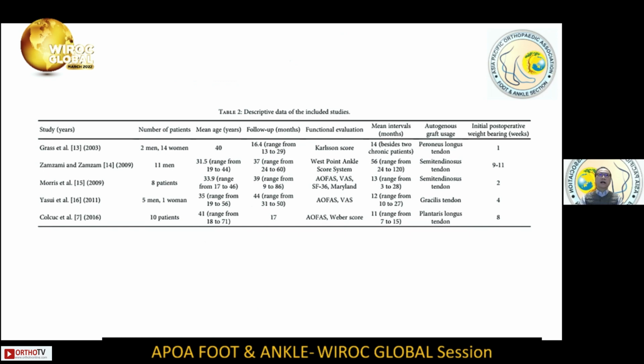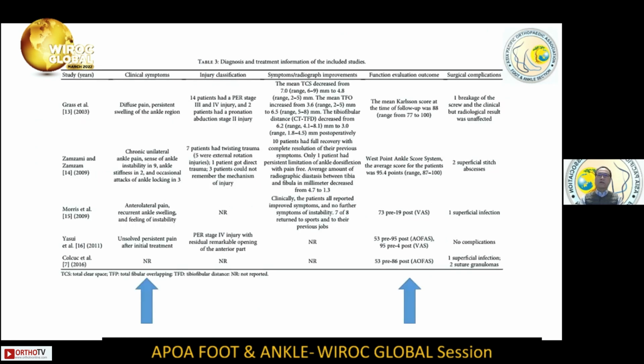And among these 5 papers, surgeons used various different tendon grafts for reconstruction of the distal tibiofibular syndesmosis, including hamstring grafts, the peroneus longus tendon graft, and one of the authors actually used a plantaris tendon graft as we have performed in our case.